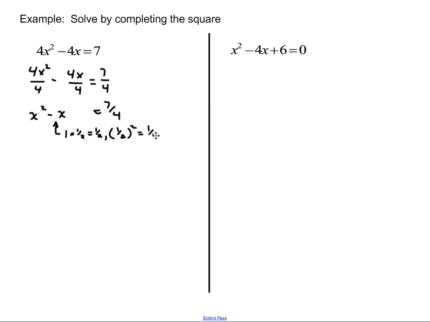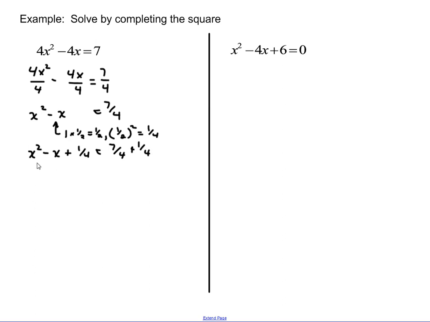So we're going to add 1/4 to both sides to complete the square. So we'll get, let's try it again here, x squared minus 1x plus 1/4 on the left, and we're going to get 7/4 plus 1/4 on the right.